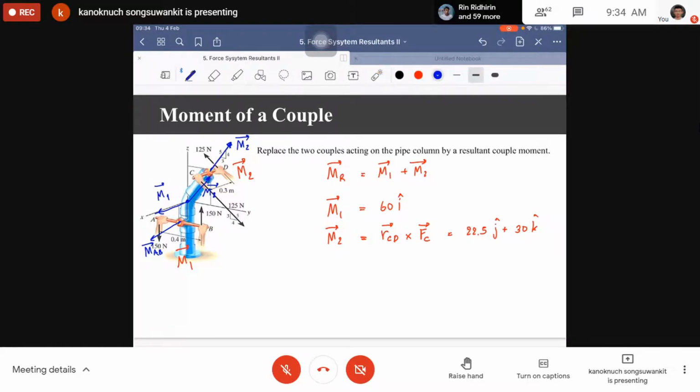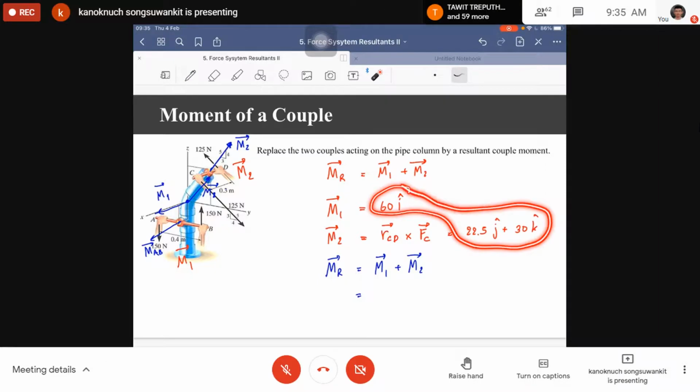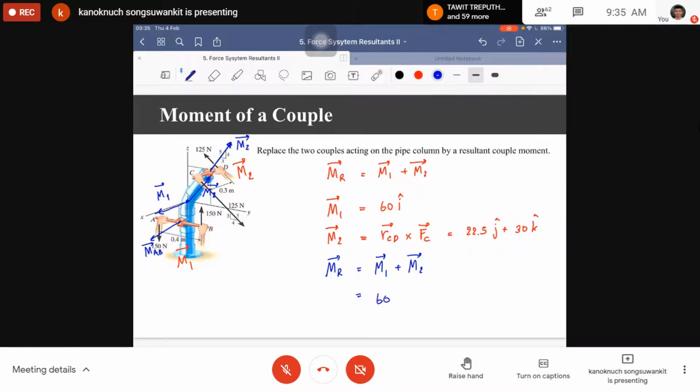Okay, so in this problem, we move M1 and M2 so they share the same rotation point. Then we have MR equal to the summation of all couple moments. So add all terms together.